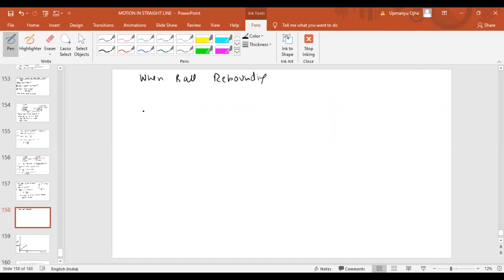It loses 10% of the speed, which means now the speed will be 0.9 times 43 meter per second. So it will come around 38.7 meter per second.